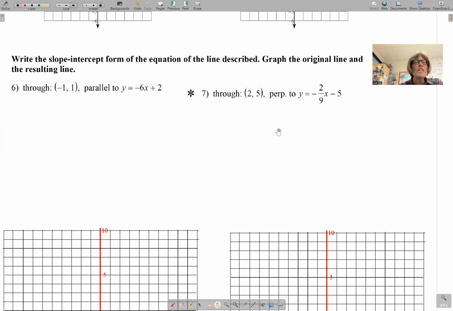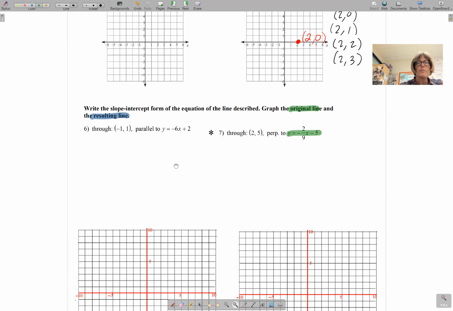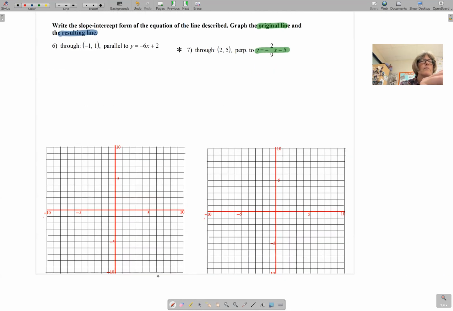It says, write the slope-intercept form of the equation of the line described, graph the original line and the resulting line. So in number 7, the original line is y equals -2/9x minus 5. So I'm going to graph that first. y equals mx plus b. Our b is going to be -5.